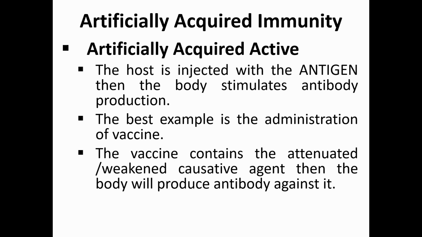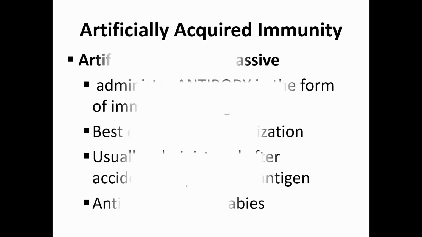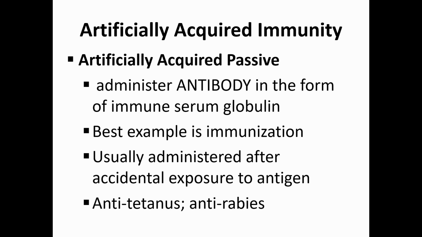However, it will still cause the body to produce antibodies, particularly memory cells. So you have your BCG, DPT, and MMR. BCG is for tuberculosis, DPT is for diphtheria, MMR is measles, mumps, and rubella. So that is artificially acquired active.